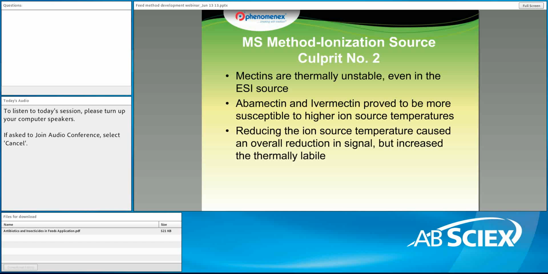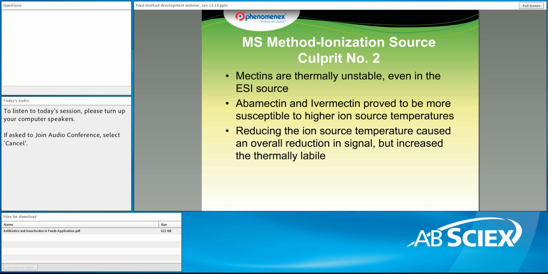So we fixed the chromatography to a point where sample can be placed in a suitable solvent to resolve the hydrophobicity issues of some of the analytes. As we found out later, mectins are also fairly susceptible to thermodegradation, and they're also susceptible to photodegradation.